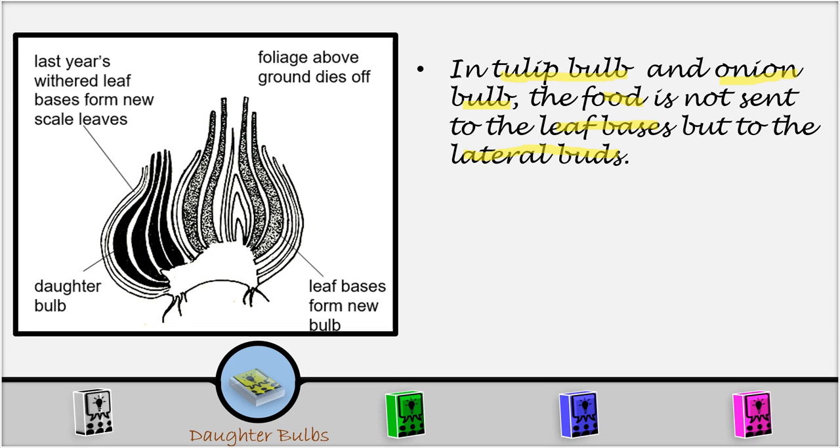When food is manufactured, the food is going to be sent to the lateral bud. It will not be put in the leaf base. So when the food is produced, it will be brought to the lateral bud. And in the lateral bud here, it is where it's going to be utilized.